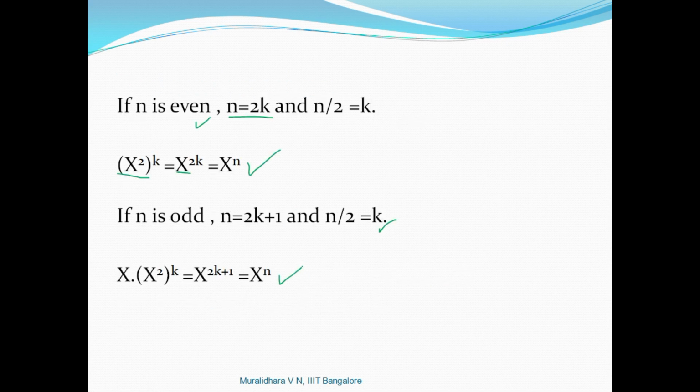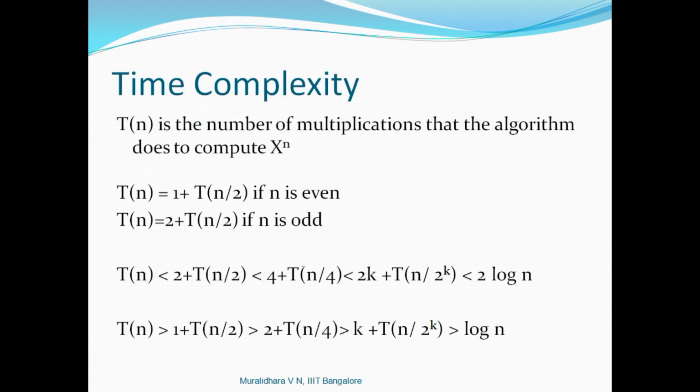Now let's try to understand what is the complexity of this algorithm. Let's define T of n as the number of multiplications that the algorithm does to compute x to the power n.